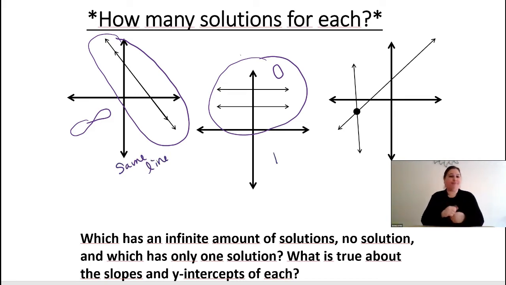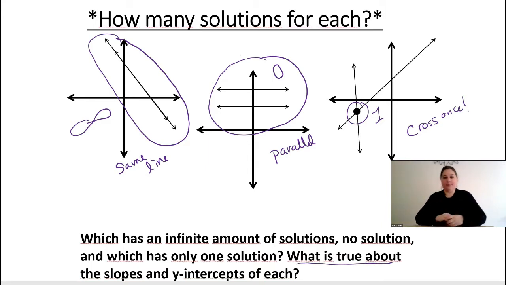The second one, they're parallel. And the third one, they cross one time. Okay, so that's one solution. They cross once. So it says, what is true about the slopes and y-intercepts of each? Well, let's go ahead and look at the next slide.